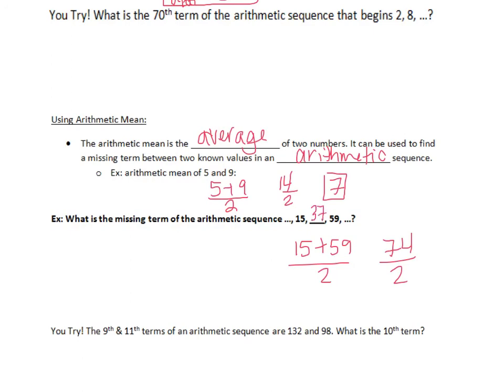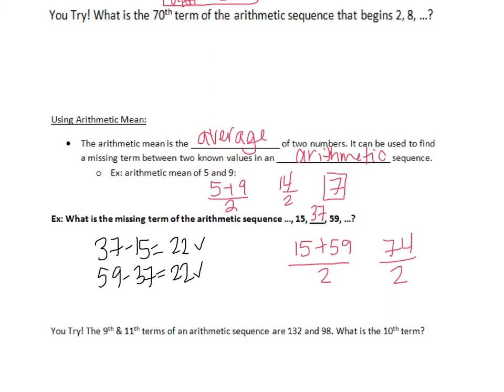And then just to make sure that your math is right, you can always go back and see what that common difference was. So 37 minus 15 gives me 22, and then 59 minus 37 gives me 22. And thankfully these numbers are the same because it's supposed to be an arithmetic sequence, and so your common difference should be the same. So that's a way you could check yourself.